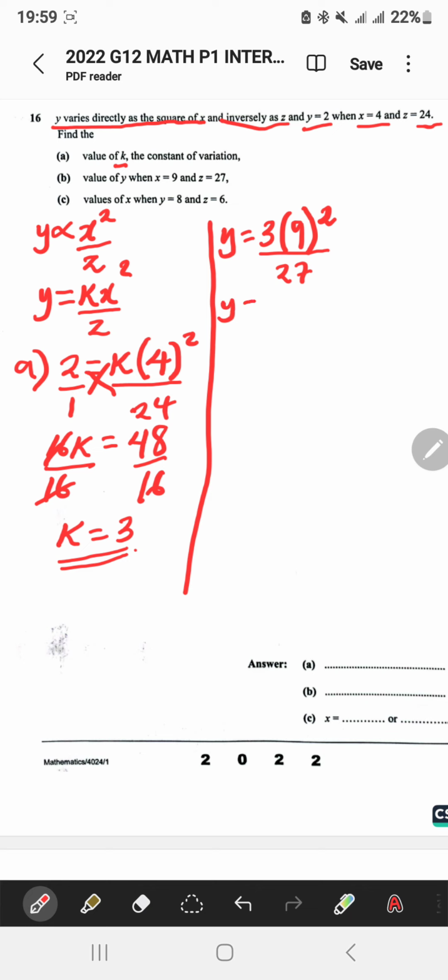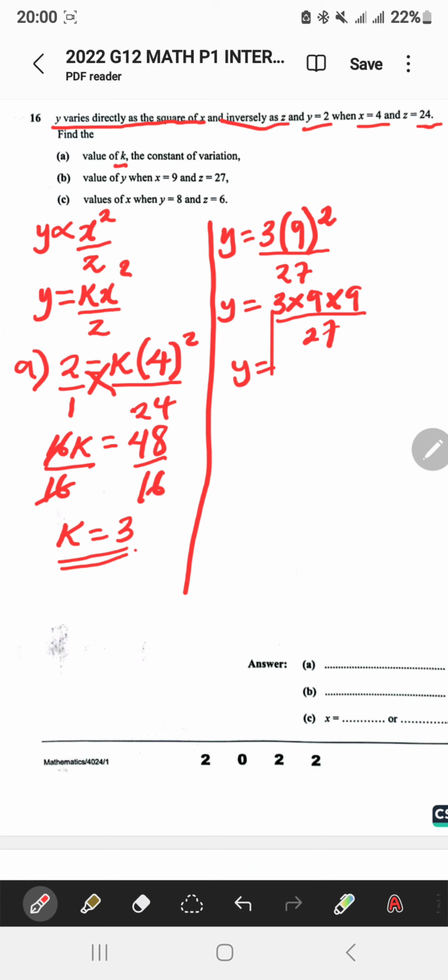So now our y is equal to, here we'll simply expand. We are going to have 3 multiplied by 9 power 2, which simply means we multiply 9 by itself 2 times, so 9 times 9, everything divided by 27. So y will be equal to, we'll now look for numbers which can simplify.